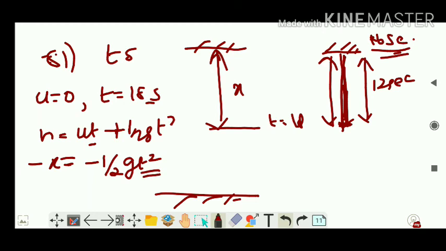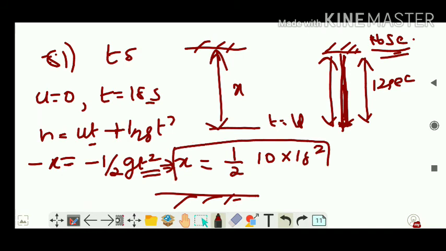You will get the value of x as 5 into 18 squared. Let's write it as an equation itself, because we can equate it. So x is equal to half into 10 into 18 squared. Let's write this expression here.